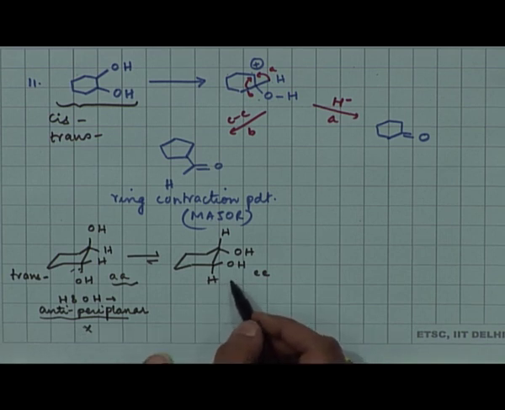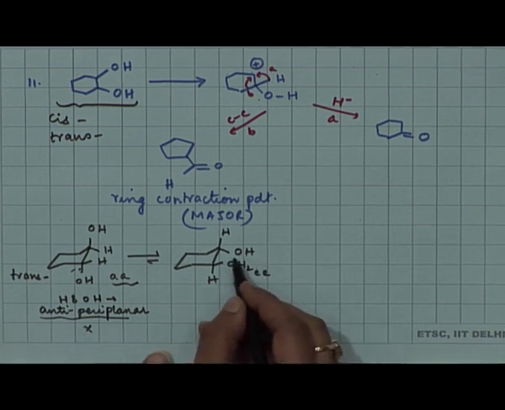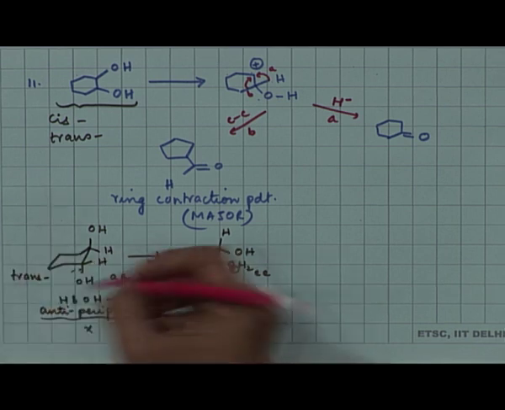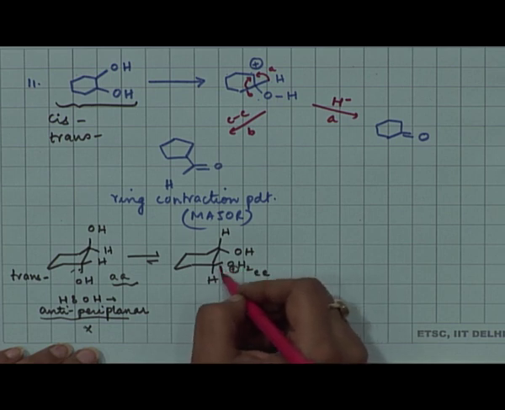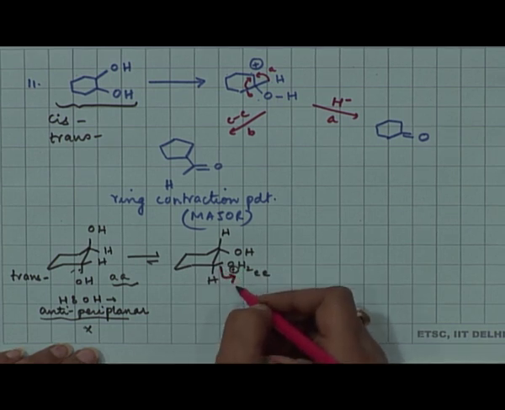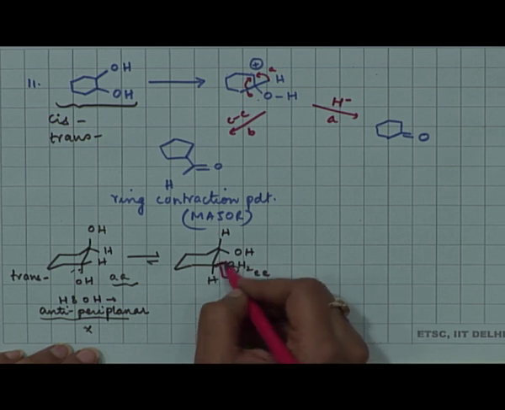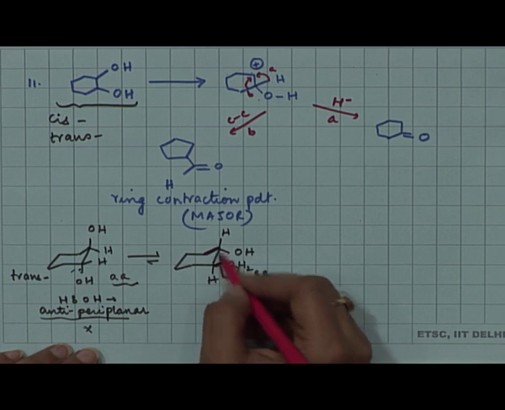In the case of di-equatorial, once this gets protonated, the next step is that this leaves, and the leaving group and the neighboring group have to be anti-periplanar.